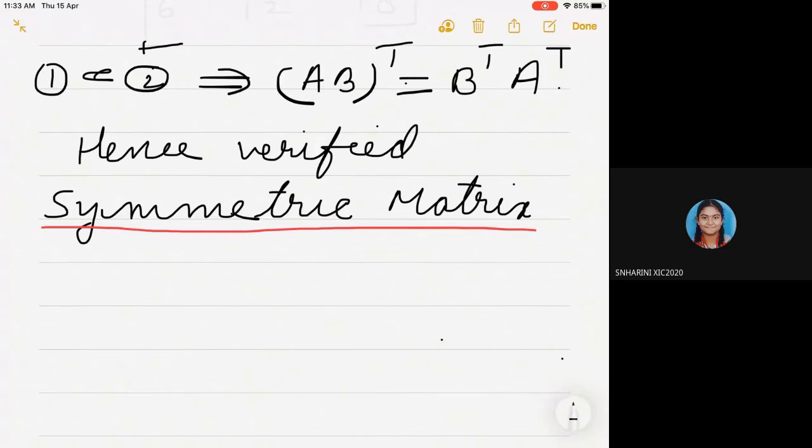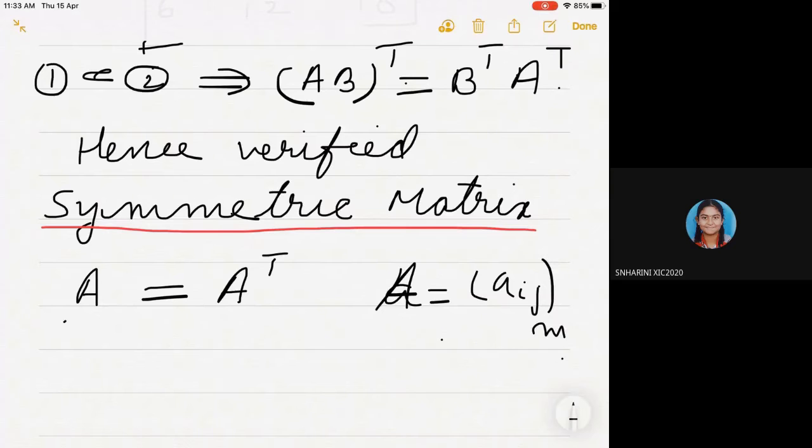If a square matrix A equals A transpose, you can just see that suppose A equals Aij of order m by n, then what is the order of A transpose? Can anybody say what is the order of A transpose? It is of order n by m.